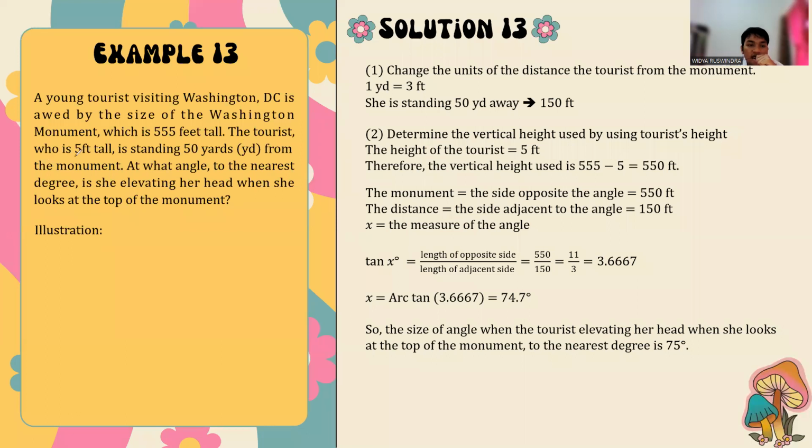The tourist, who is 5 feet tall, is standing 50 yards from the monument. At what angle to the nearest degree is she elevating her head when she looks at the top of the monument? So this is an illustration.